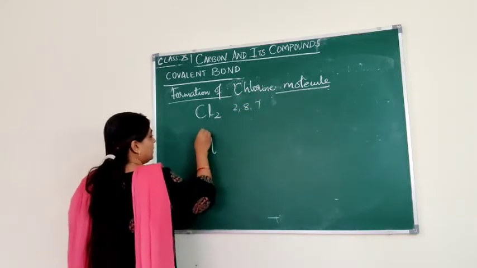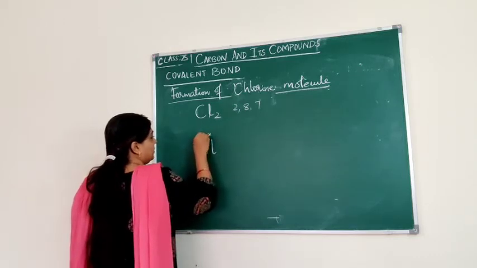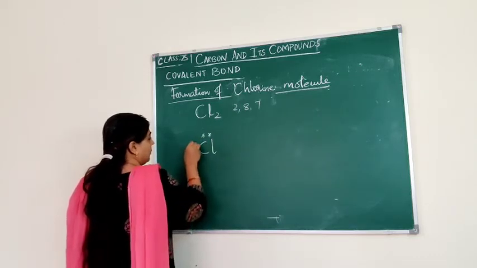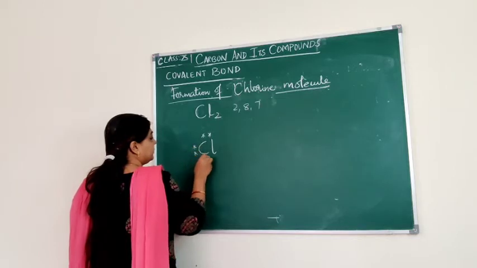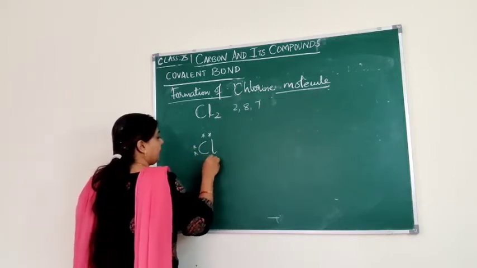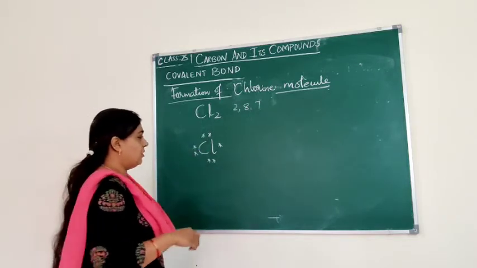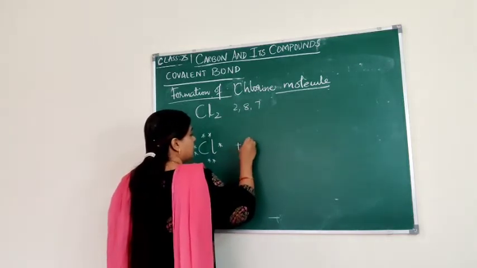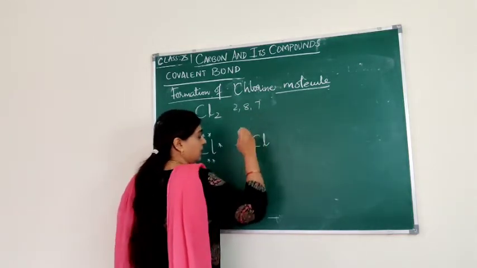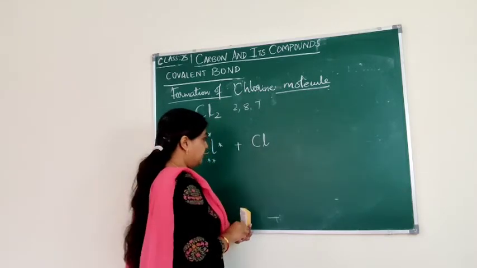So let us distribute the electrons. 7 electrons are there, and it combines with another chlorine atom.